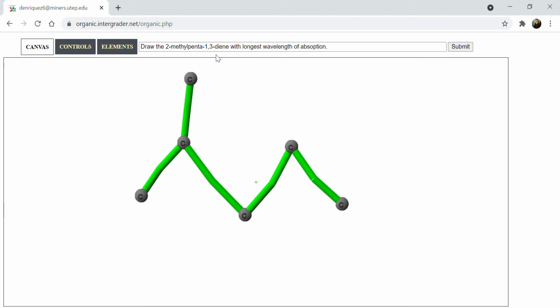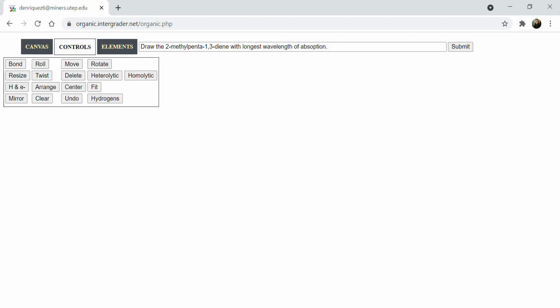I have 1 and 3, and then 1, 2, and then 3 going to 4. And then I'll add my hydrogens.